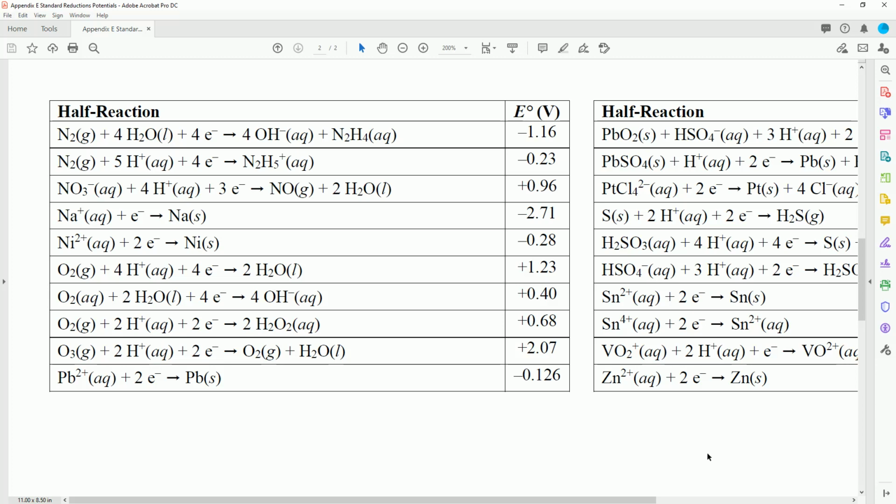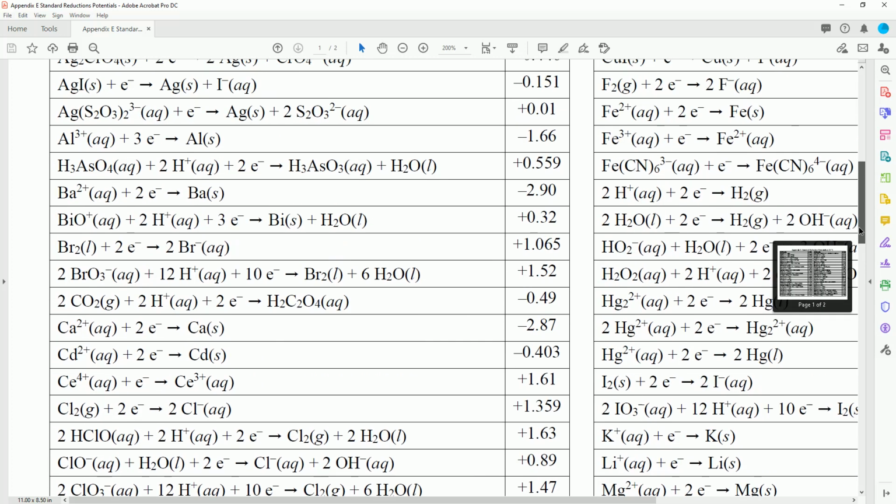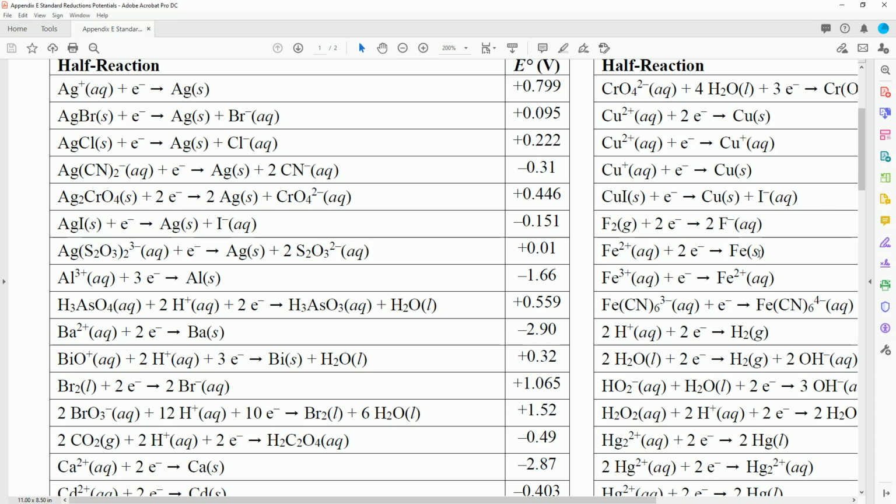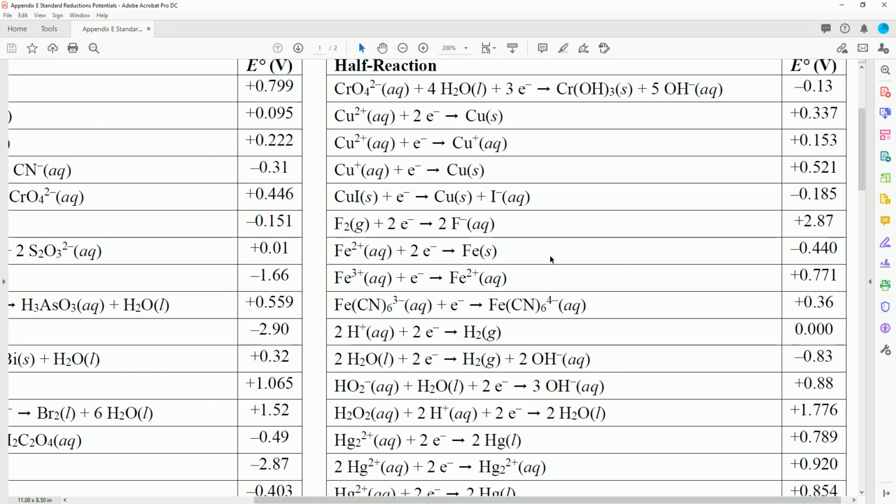here. So we have iron and magnesium. We need to go up. So there's iron. Iron's right there at negative 0.440 volts.